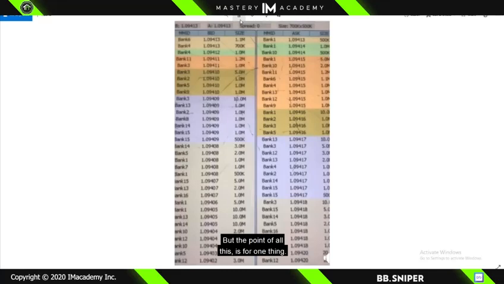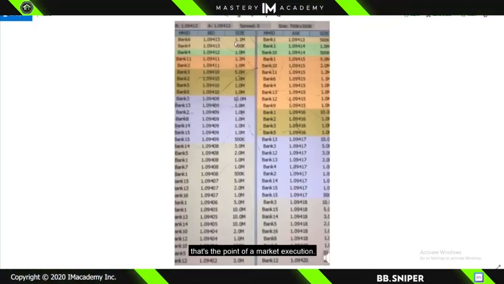But the point of all this is, for one thing, big money, if they were to come in and execute large orders, it would start moving price because, as you can see, say a big order was to come in and wipe this board clean, price would have to move to fill that order no matter what.